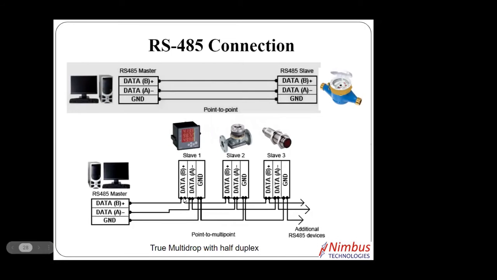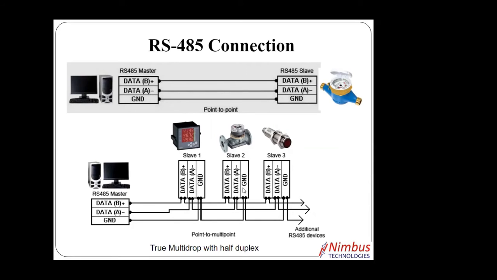In this way you can connect 32 different devices having RS485 output, and those 2 wires are connected to the host computer directly. And in parallel you can connect all these wires. That is an RS485 connection.